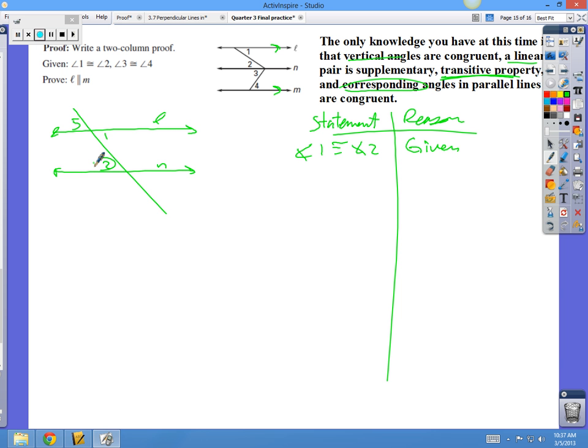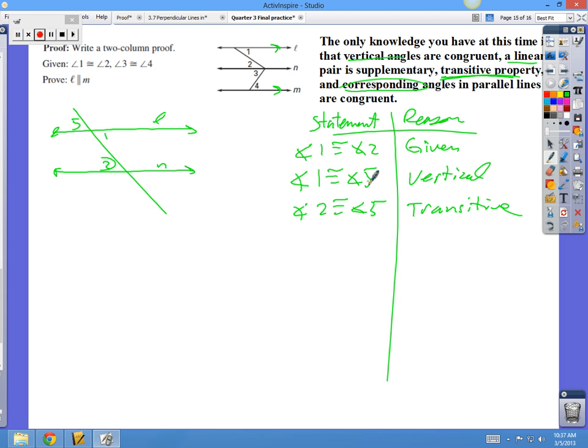And it should be pretty easy to do because I can show angle 1 is equal to angle 5 because that's a vertical pair. So now I can show angle 2 is congruent to angle 5 because of the transitive property. Because look right here, 1 is equal to 2, but 1 is equal to 5. So if 1 is the same thing as 2 and it's the same thing as 5, that means 2 and 5 are the same thing.